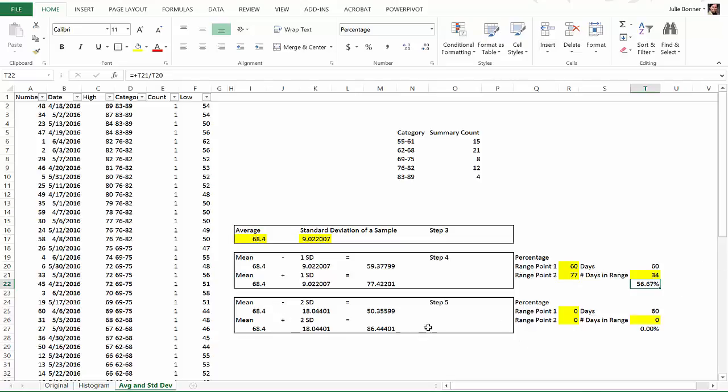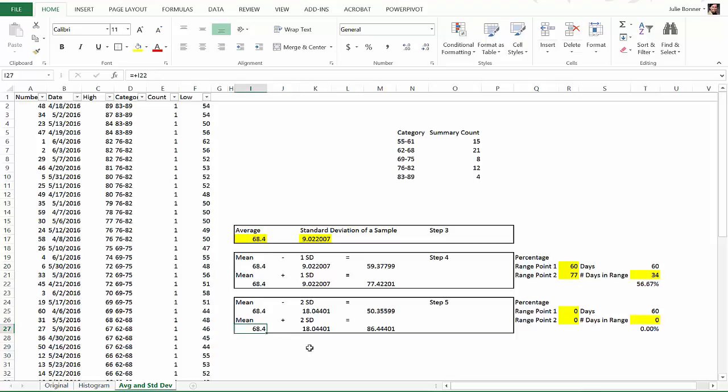Now we're doing the same thing again in step 5, where we're doing this same calculation, but we're doing it for 2 standard deviations. So what that means is the 9.022 is multiplied by 2 for 2 standard deviations. All right, so the 68.4 degrees minus 18.044, that gives me 50.355, as you see there.